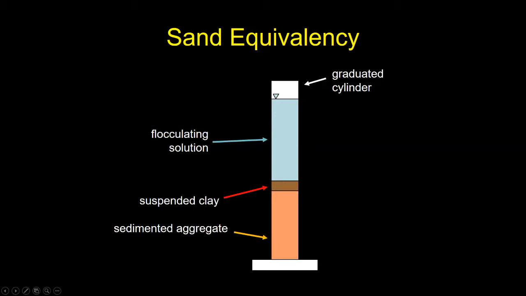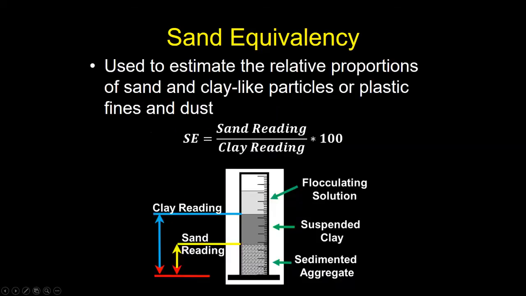You lower it down and it sits right on top of the sand. When you do that, the clay kicks up into the solution, and you can't see that line anymore. So it has a piece that's 10 inches above it that shows you that if it reads 14.5 inches, you know that the actual reading here is 4.5. So it's just a really easier way to do it.